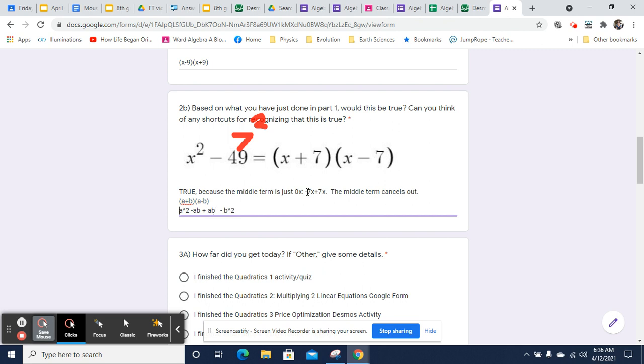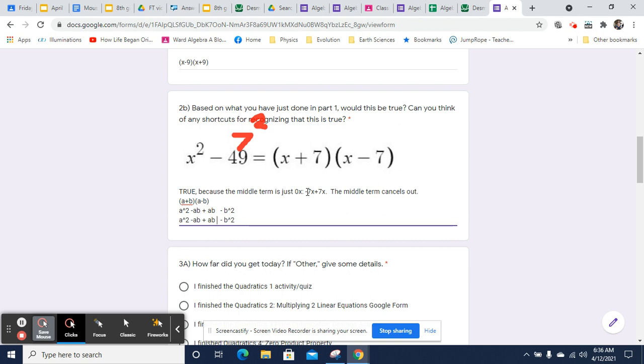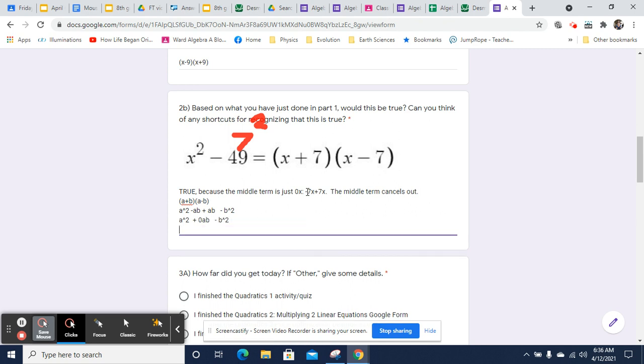And those two things are just going to go poof. This becomes 0ab, because negative ab plus positive ab is 0ab, and so you don't need them anymore, so it's just a squared minus b squared. This is known as a difference of squares, which was introduced in class today in various ways. I hope that was helpful.